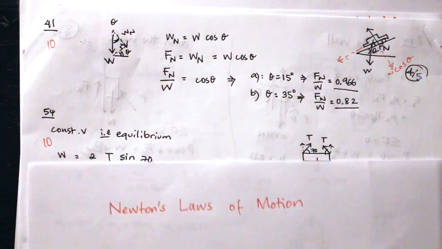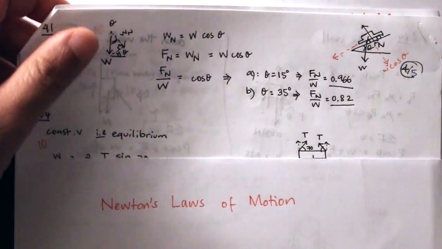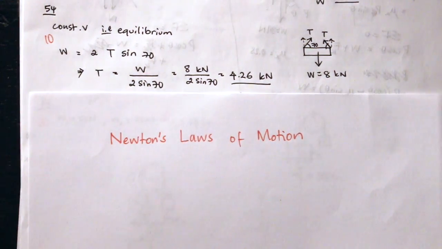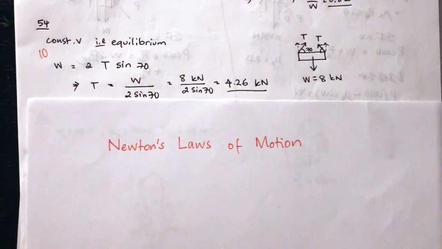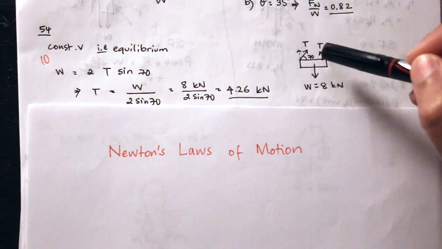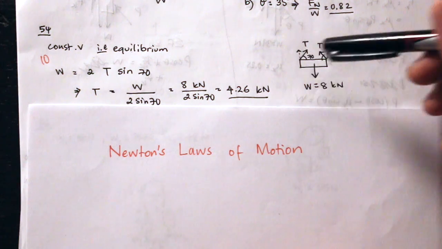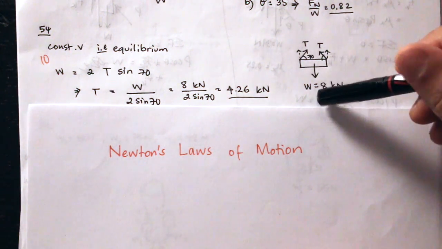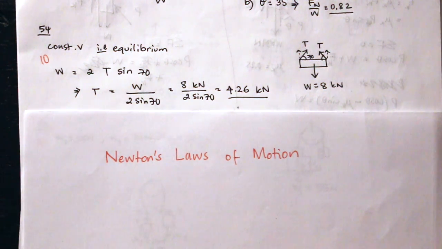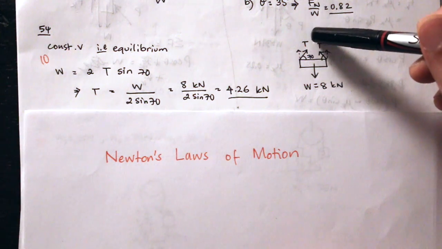The next question is question number 54, and it's a simple one about a beam that is being pulled up by some force, by some tension in two cables that are making 70 degrees with the horizontal, and the weight of that beam is 8 kilonewtons, and the problem tells me that it's going up with constant velocity.